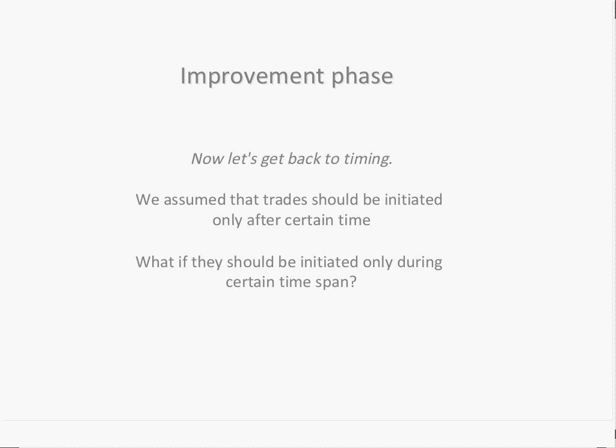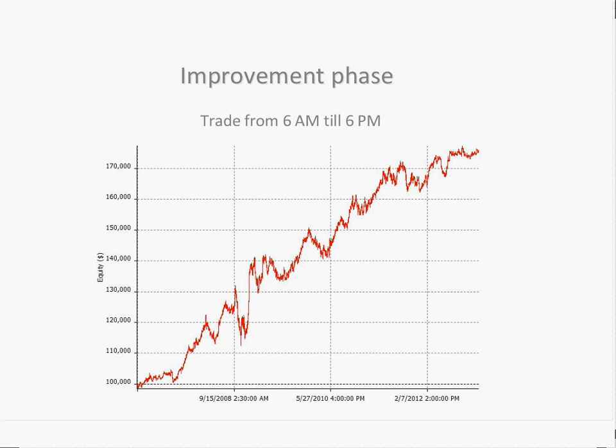Now we limit not only the beginning but also the ending time during the day. We know that institutions have about 9 hours of work. Okay, we try to trade only from 6 a.m. till 6 p.m.